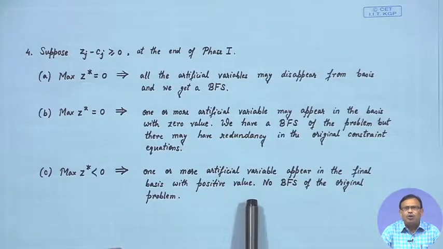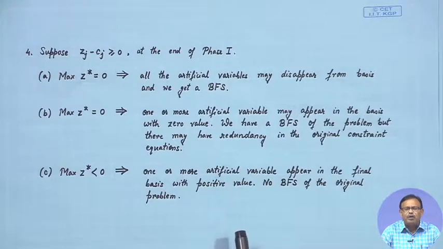So, please note this, one or more artificial variables must appear in the final basis with positive value if the maximum value of z star is less than 0, and in that case there will be no basic feasible solution of the original problem.